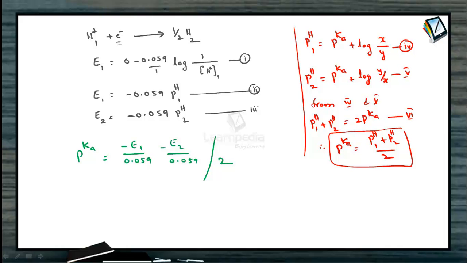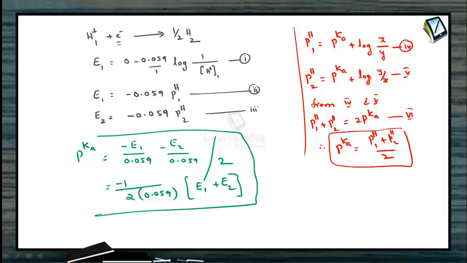So here minus E1 minus E2. In other words, we can write 1 by 2, and why not take out the common 0.059 also, into minus E1 plus minus E2. So minus, if I take out the common, this is E1 plus E2. So this is the relation we are getting between pKa and E1 and E2. So E1 plus E2 totally multiplied with a negative sign.